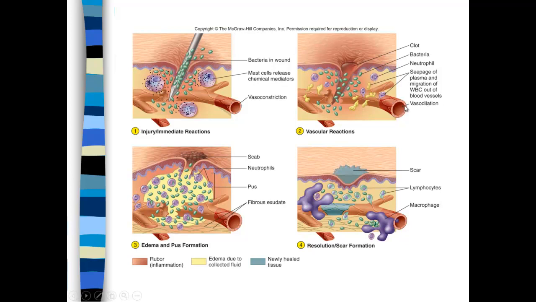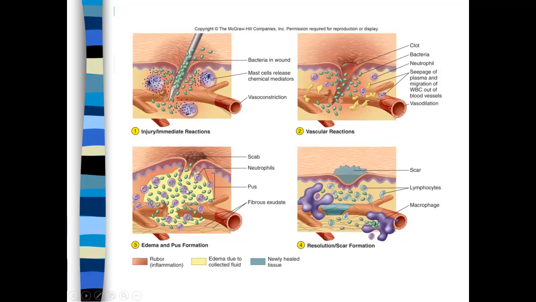Vasodilation allows different clotting factors, different inflammatory factors to seep into the wound site. And then in frame 3, you get edema and pus formation. Pus starts to form in this yellow area, and this is due to the collection of fluid as well as immune cells. You get neutrophils. The neutrophils are starting to ingest the bacteria.